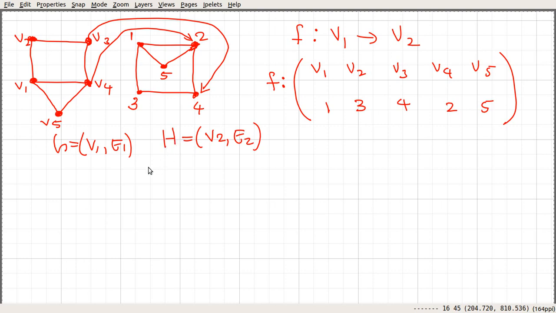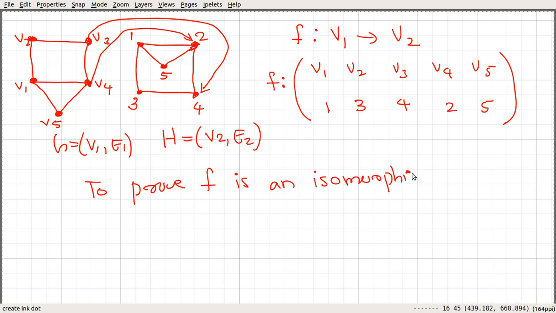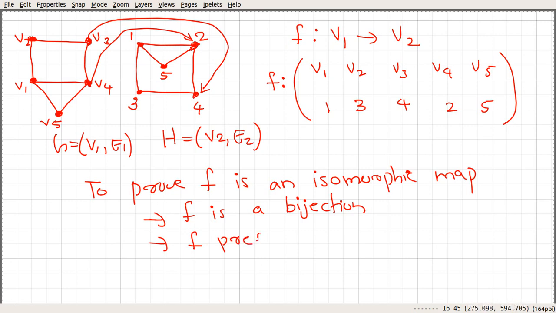Okay, so now to prove that this map is an isomorphic map, to prove F is an isomorphic map, we have to prove that F is a bijection and F preserves adjacency.